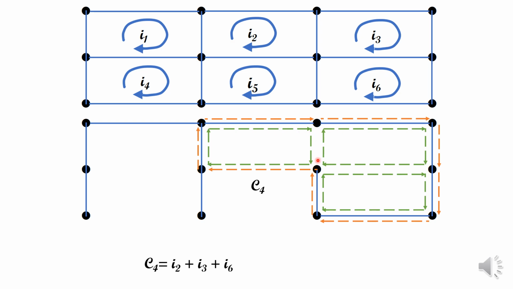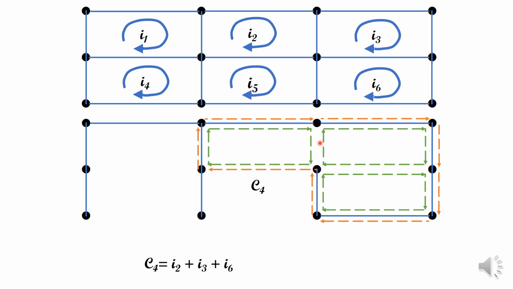If you look at what happens along this edge here, you have X flowing in this direction and X flowing in the opposite direction, so those will cancel each other. If you look at this branch here, you have X flowing in this direction and X flowing in that direction, so these will cancel each other.